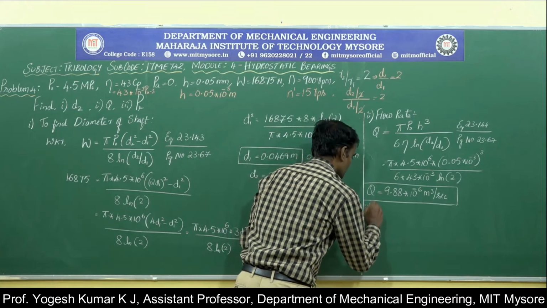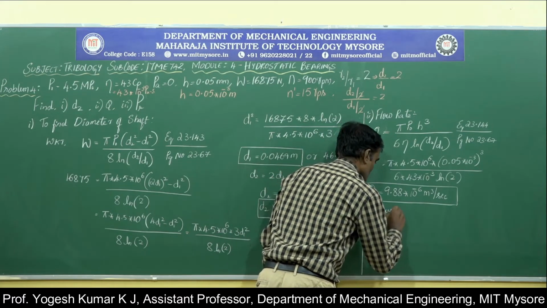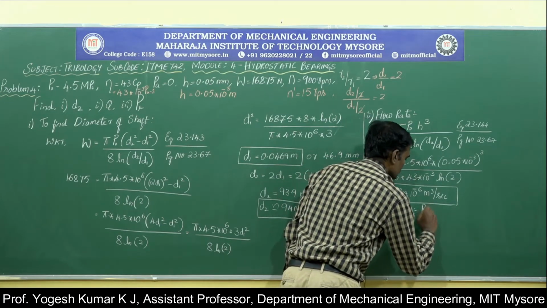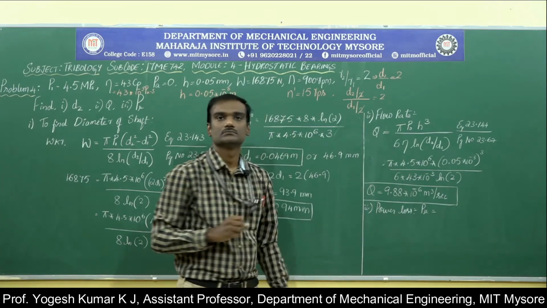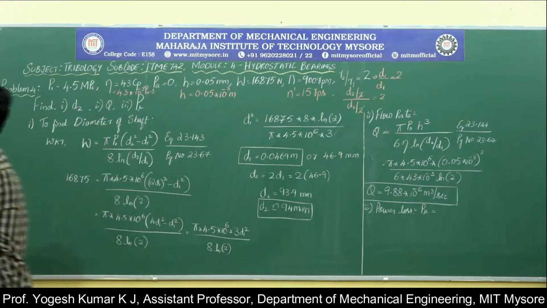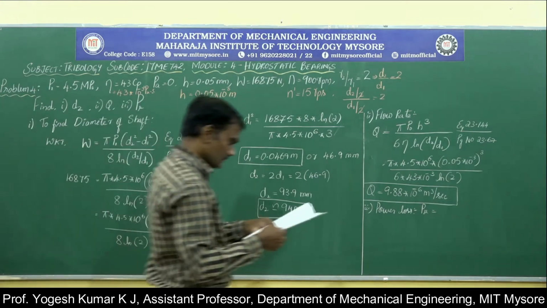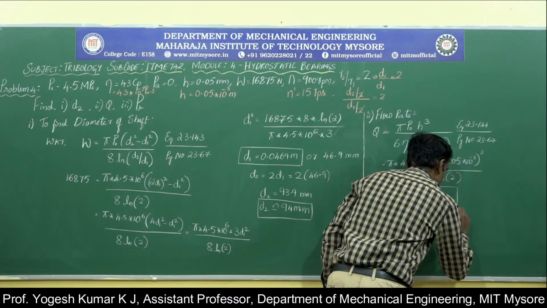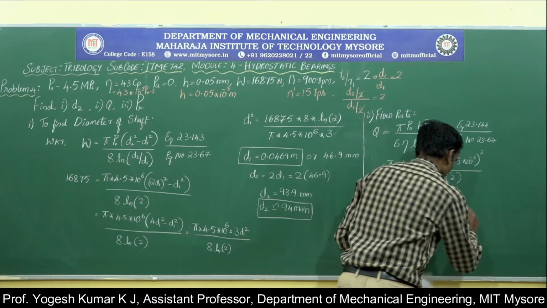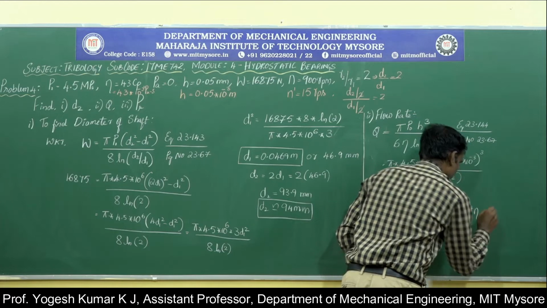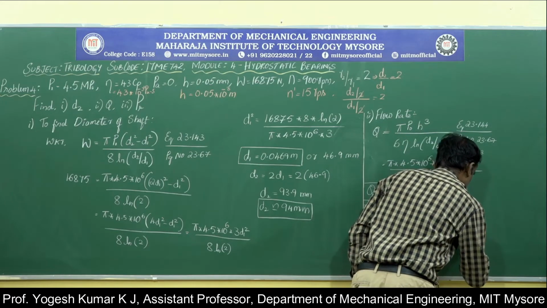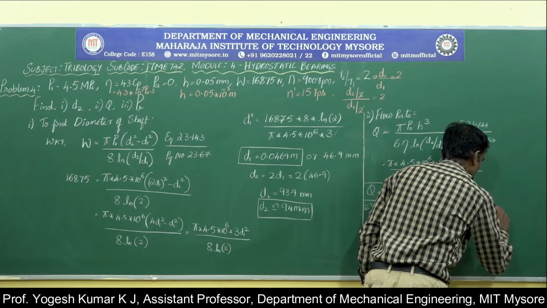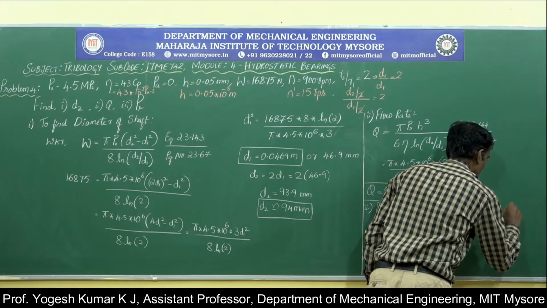The last sub question is power loss. Power loss is P mu. So again, page number 23.67, we have an equation for this: 0.062 n dash square eta by 16h, into d2 to the power of 4 minus d1 to the power of 4.